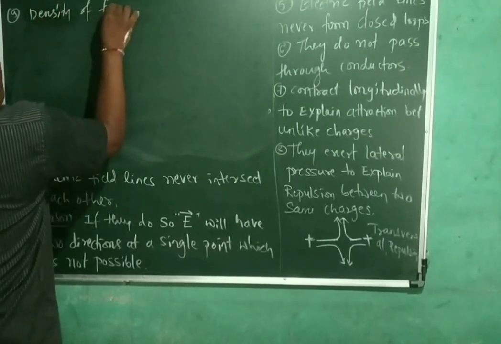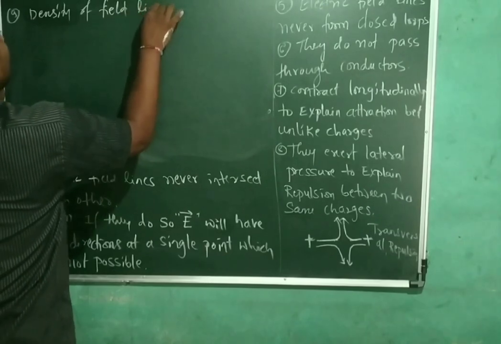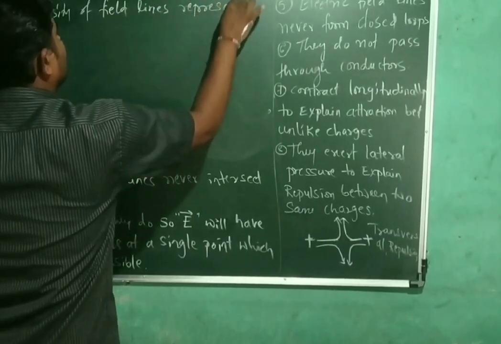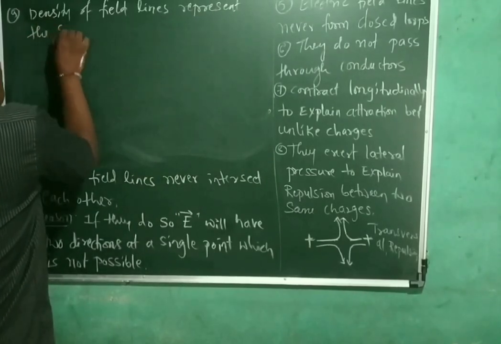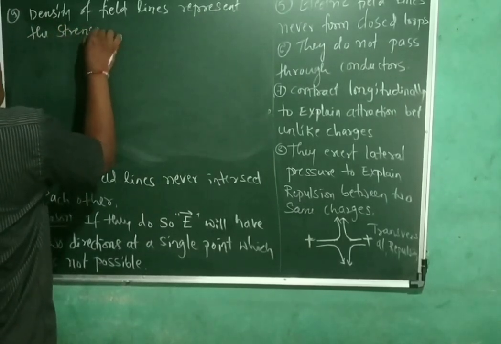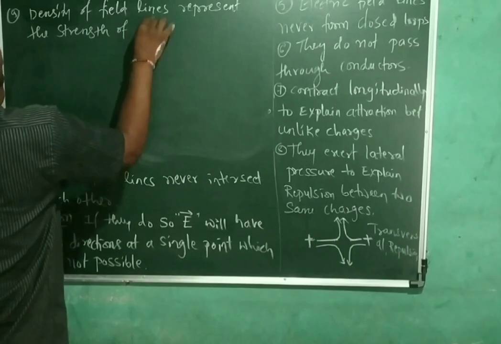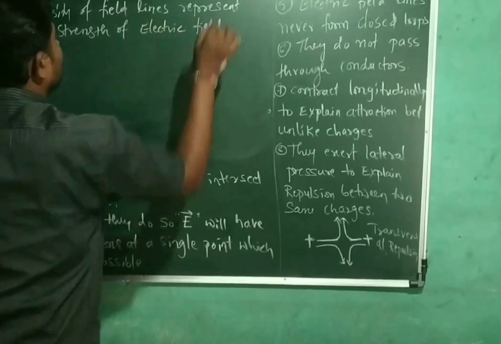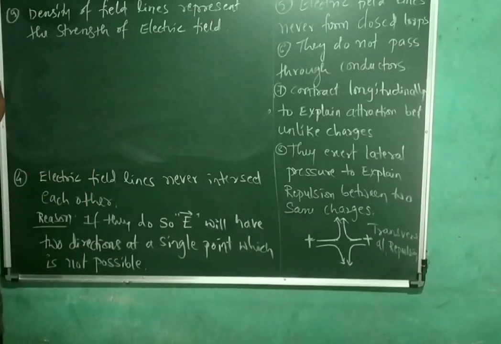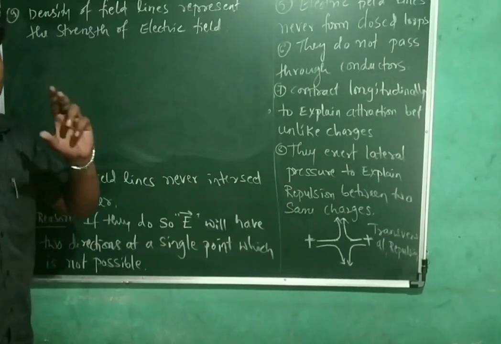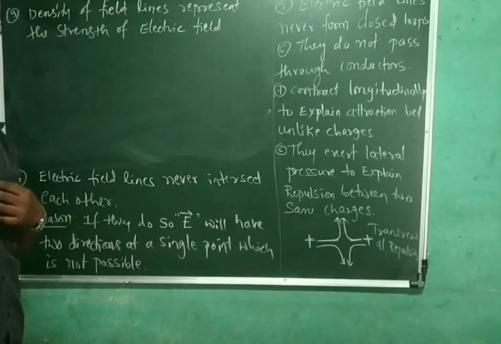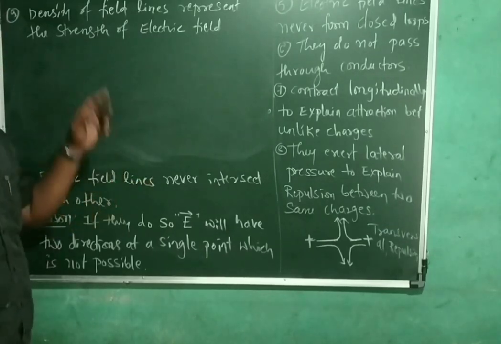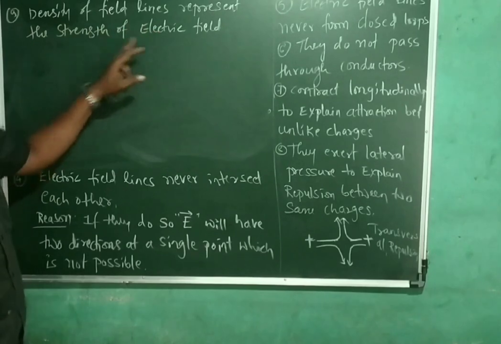Density of field lines represents the strength of electric field, or the magnitude of strength of electric field. If more number of electric field lines pass through a cross sectional area, then the electric field is strong. If the crowding is very weak, then the electric field is weak.